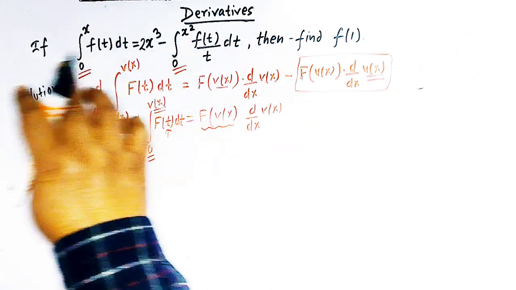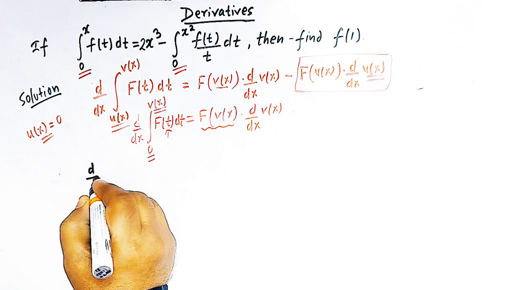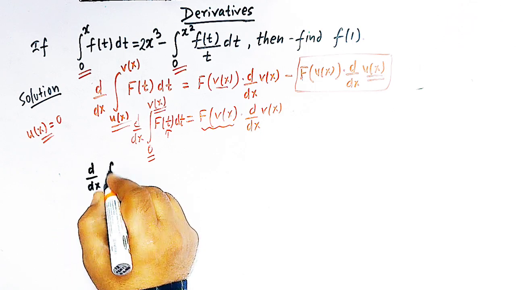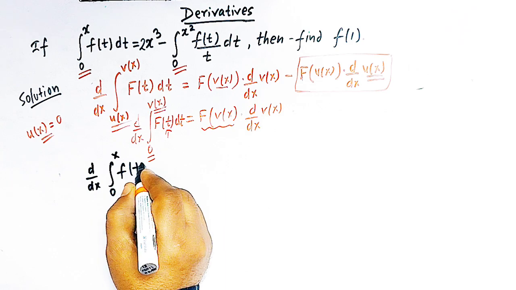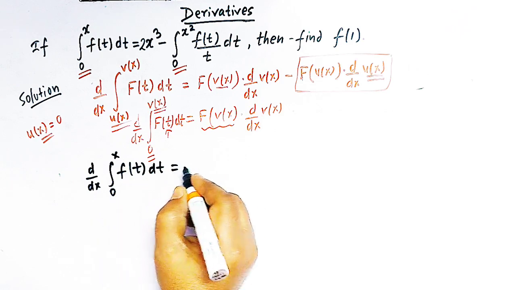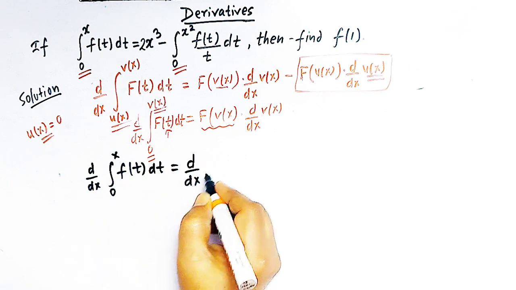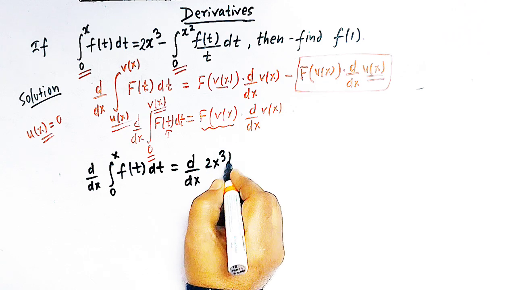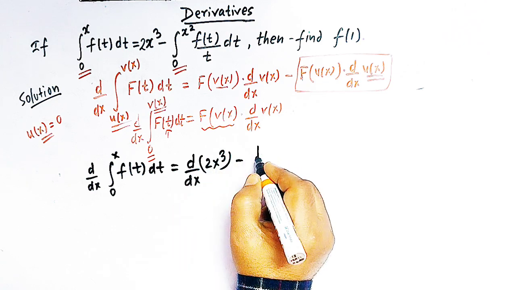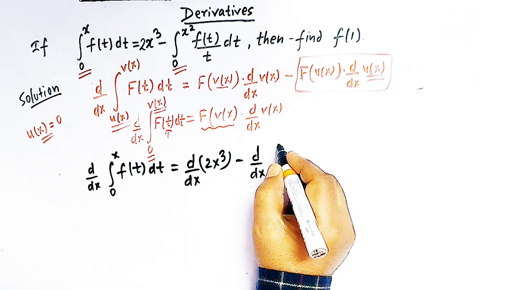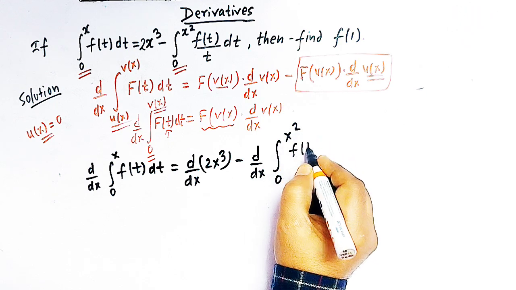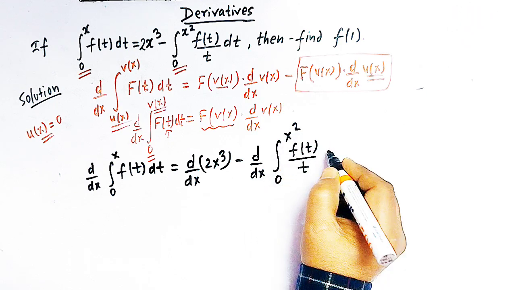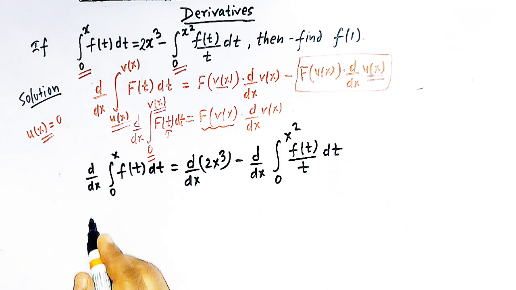Now differentiating both sides with respect to x, we have d/dx of the integral 0 to x of f(t) dt, and then d/dx of 2x³, and then d/dx of the integral 0 to x² of f(t)/t dt.